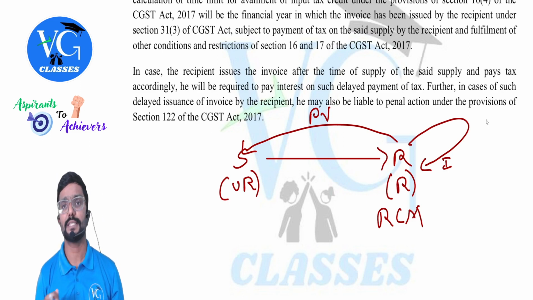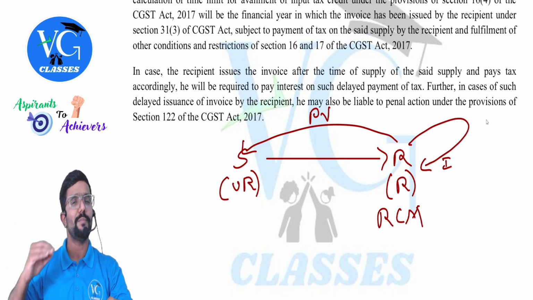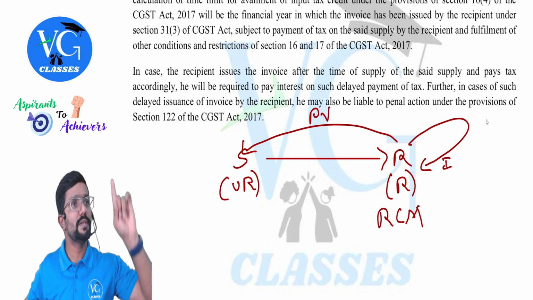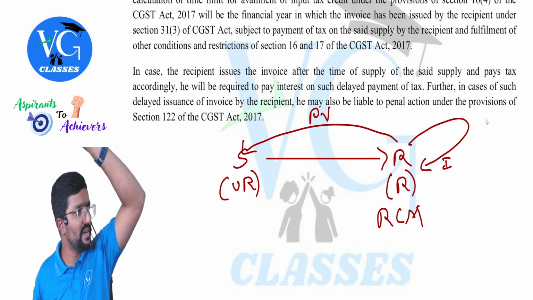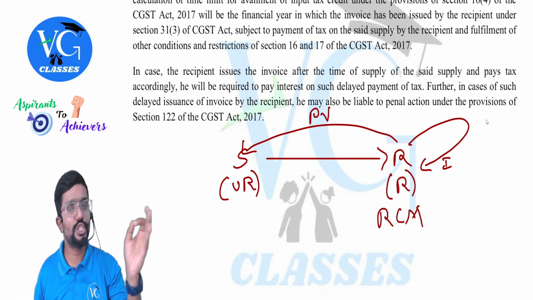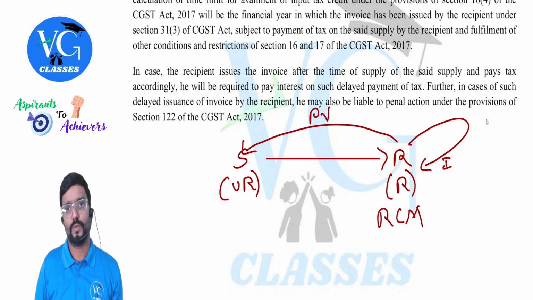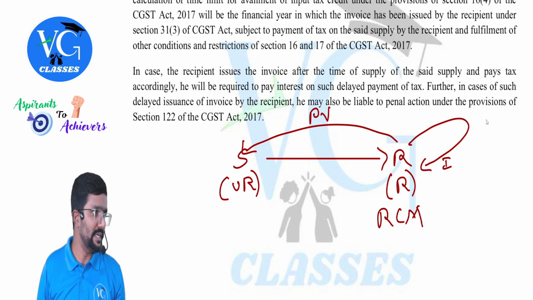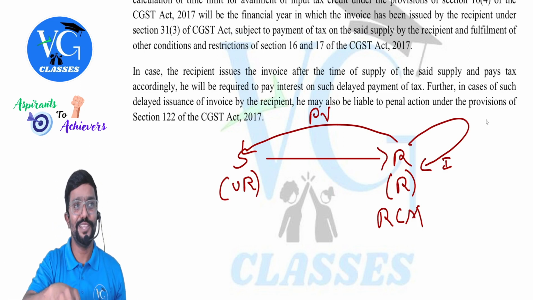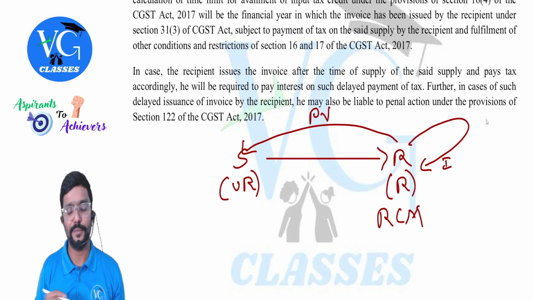Is that clear? Yes. So in section 16, subsection 4, they told the recipient can claim the credit maximum within what time? 30th November of the next financial year or the actual date of filing the annual return, whichever is earlier. Now, what happens? No, listen. Very beautifully framed.